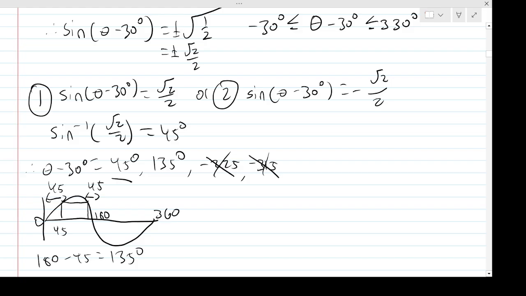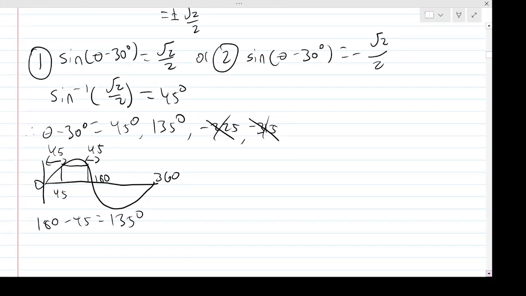Again, that would be below minus 30. So obviously that's all our values between minus 30 and positive 330. So if I recap, we have theta minus 30 could either be 45 or 135 degrees.